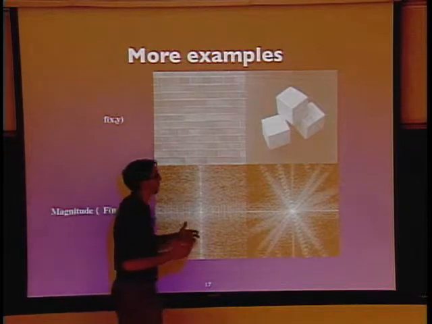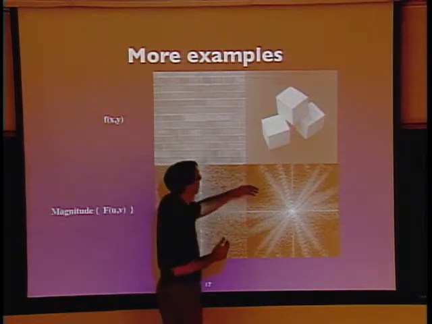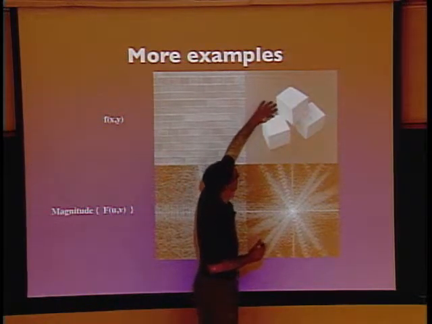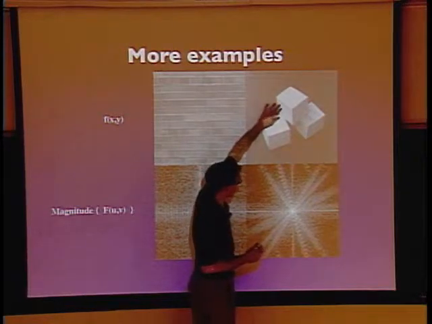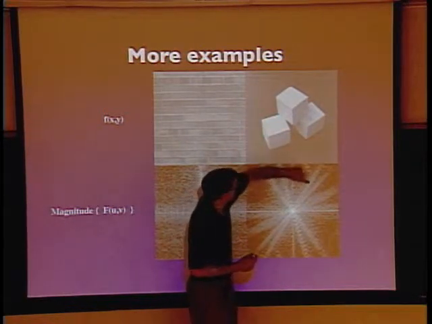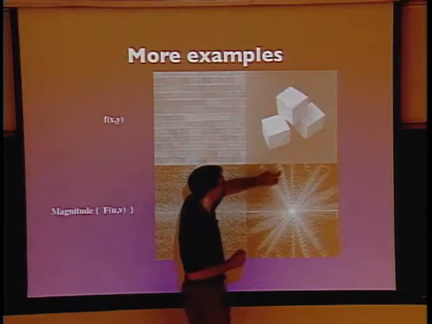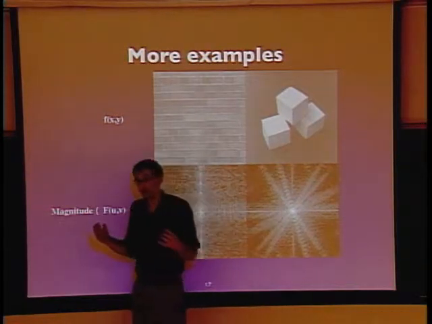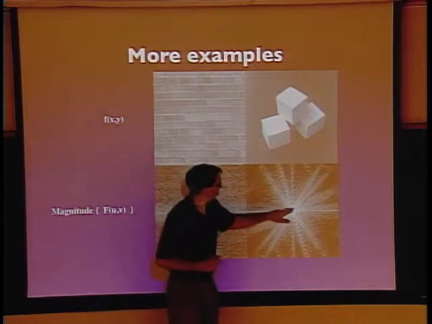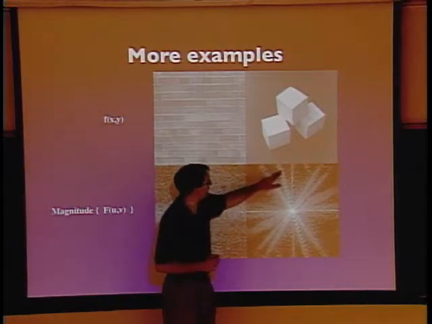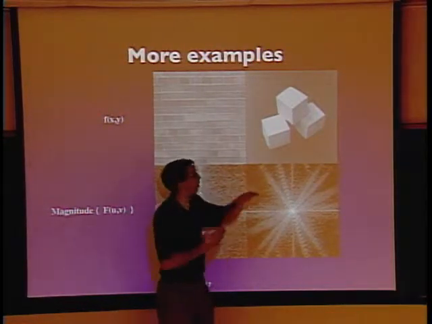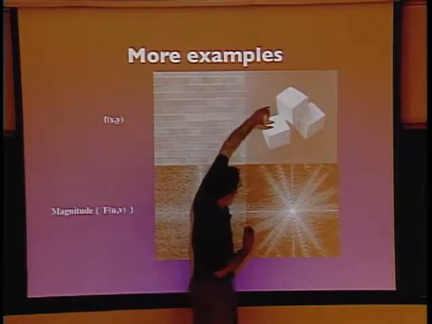I'm not sure which one corresponds to which, but probably this stripe of the Fourier transform is lighting up because this set of sinusoids are all oriented in that direction.